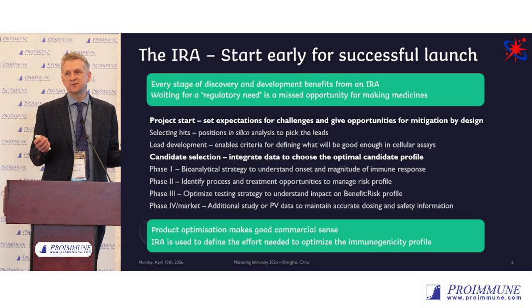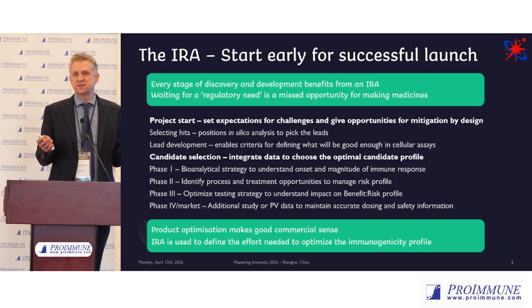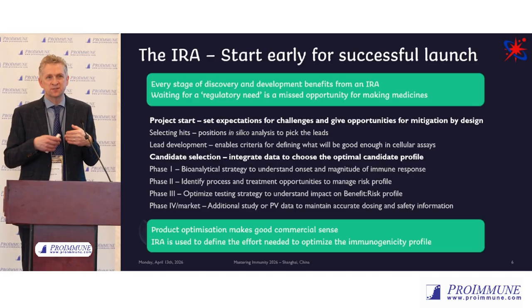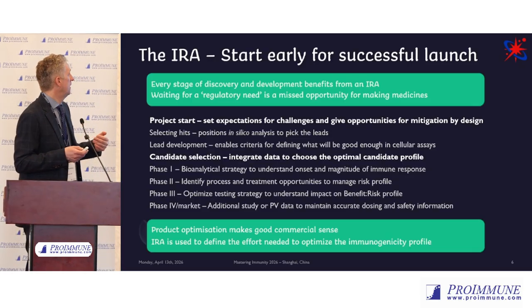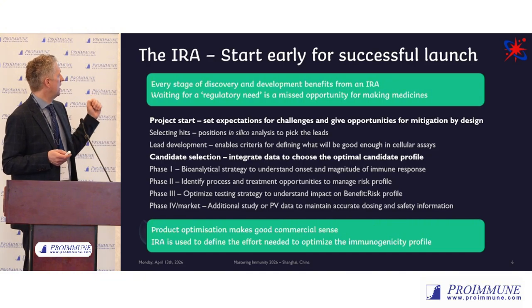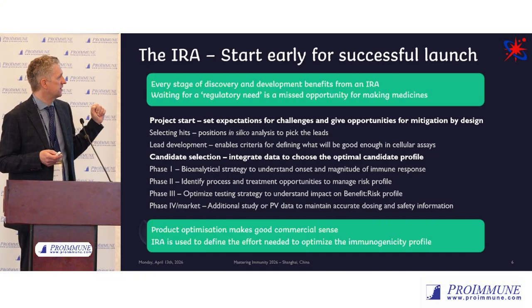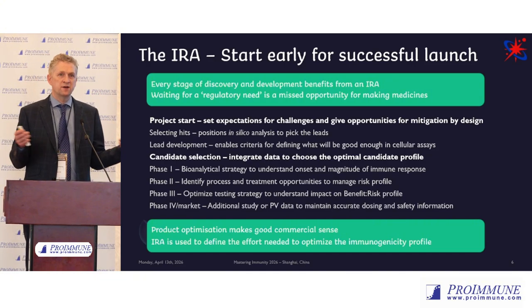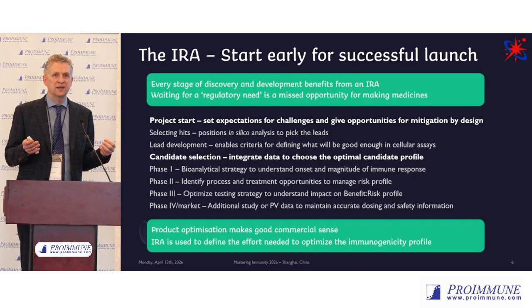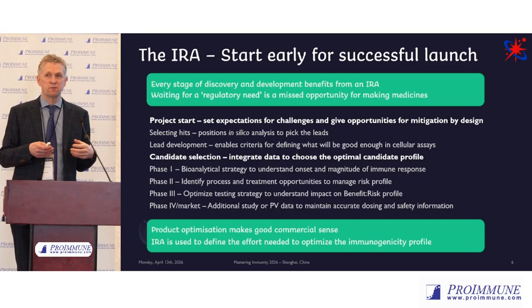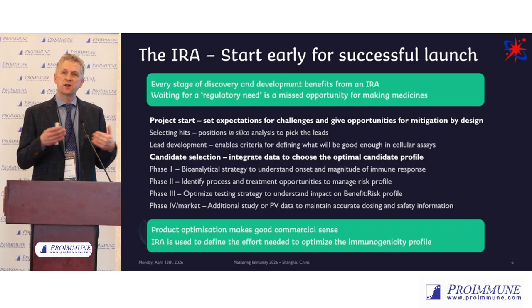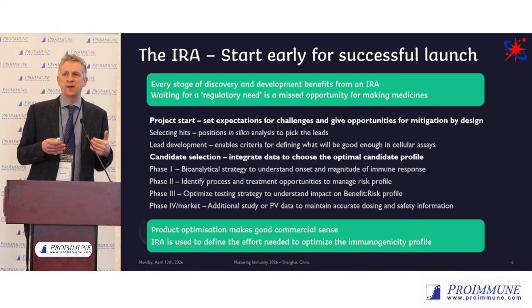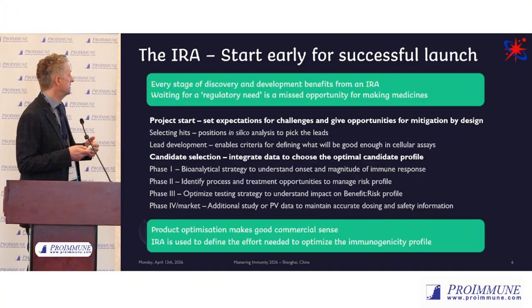This can allow you to assess what my risks look like and how hard I need to work to reduce those. And then the other piece I've highlighted is the candidate selection here, where when you're looking at your options from your lead molecules, which one do I want to take forward, how can I differentiate those so I know I'm picking the one with the best immunogenicity profile?